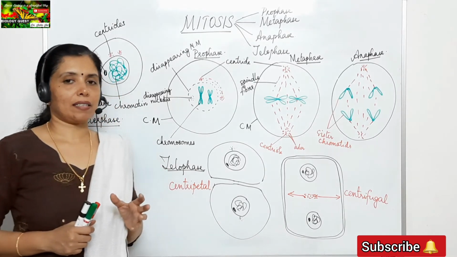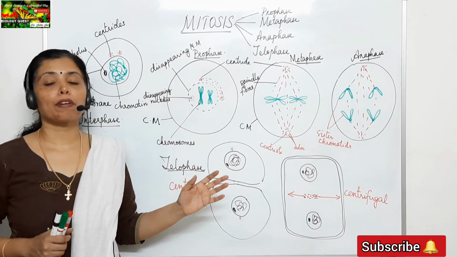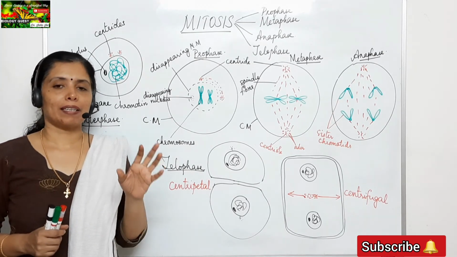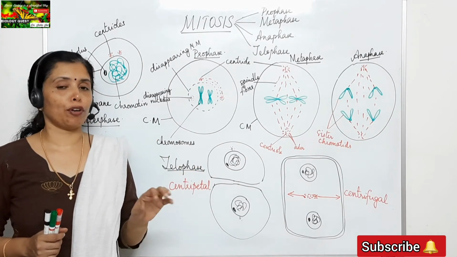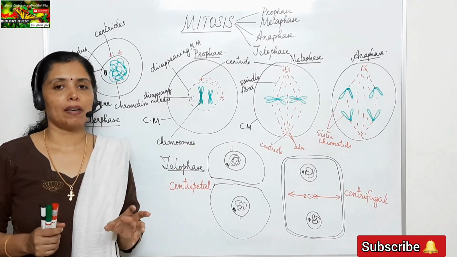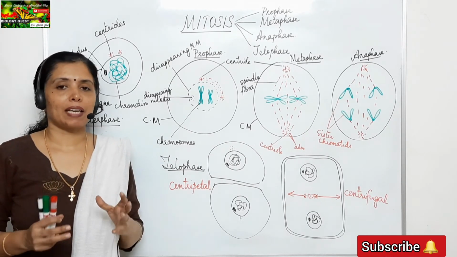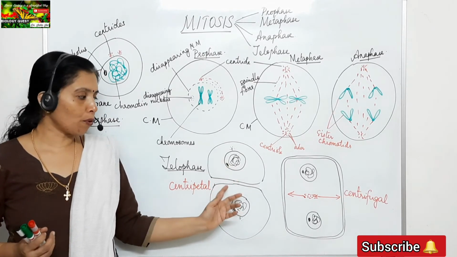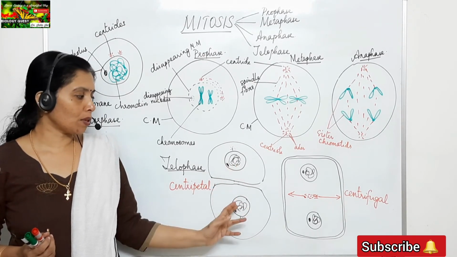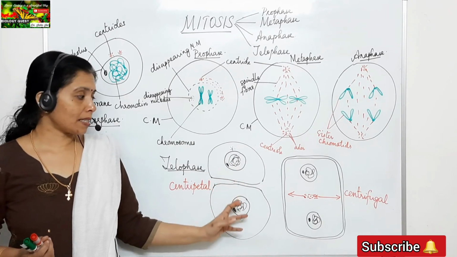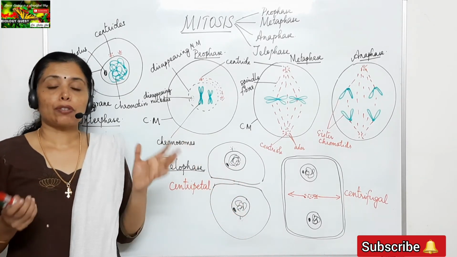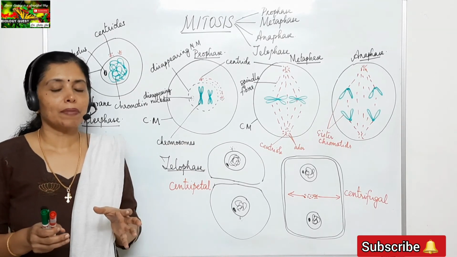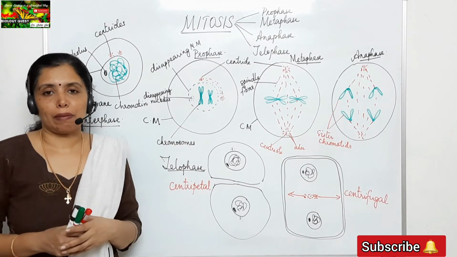In some cases, karyokinesis will not be followed by cytokinesis. In such cases, what will happen? Within the same cytoplasm, there will be two nuclei. Here, karyokinesis is followed by cytokinesis, that is why the nuclei are getting separated. If cytokinesis does not occur, within the same cytoplasm many nuclei will be present.